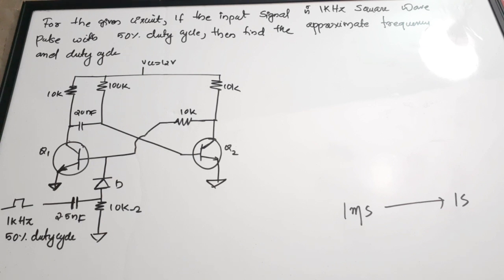If the options have a monostable multivibrator, you should pick that, because monostable multivibrators are used as pulse stretcher circuits. So the question here is to find the frequency of the output waveform of this circuit and its duty cycle.